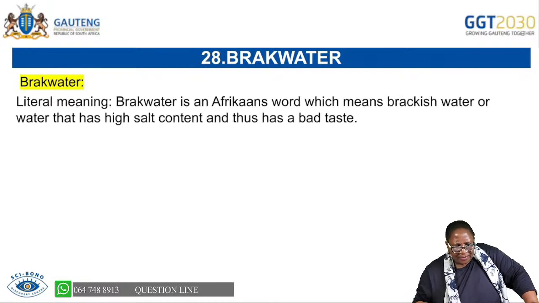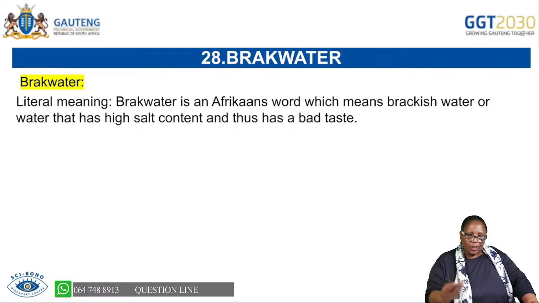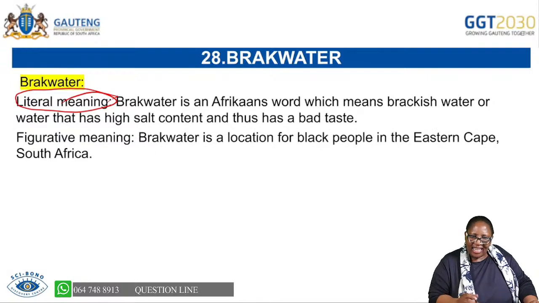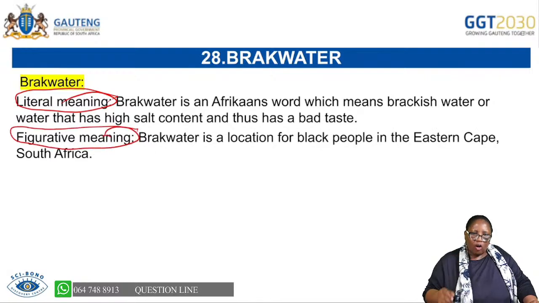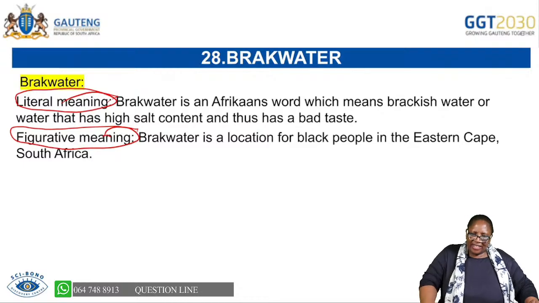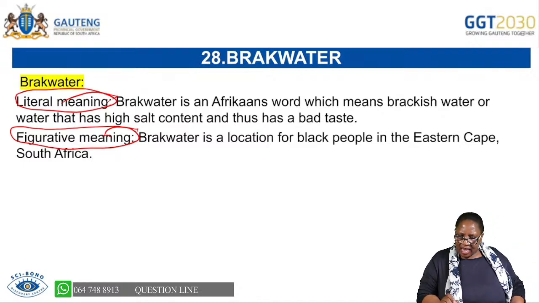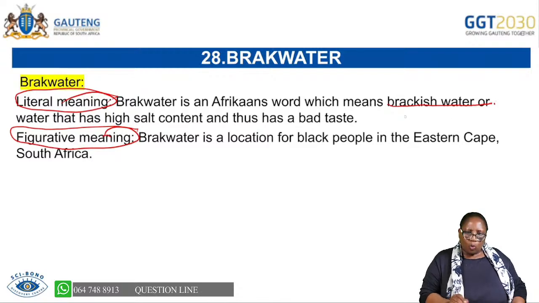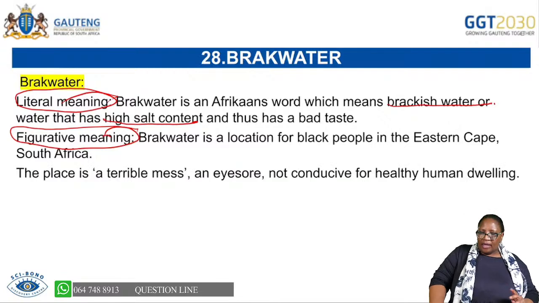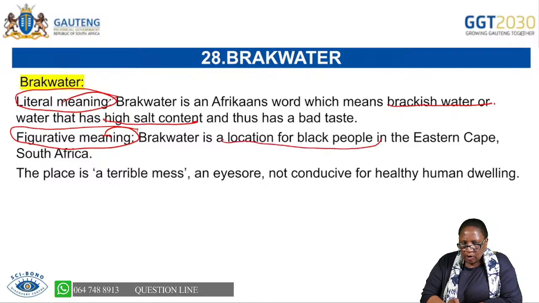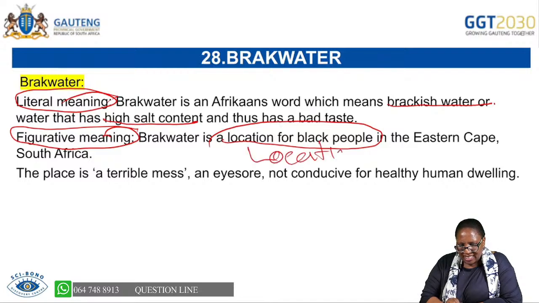And what is Bragvater? We can ask you the literal meaning of Bragvater as well as the figurative meaning. Bragvater is an Afrikaans word which means brackish water. That is the water with high salt content and hence the bad taste. Figuratively, it's a township for black people. Not even called township, but it's called what? Location. And where is it situated?